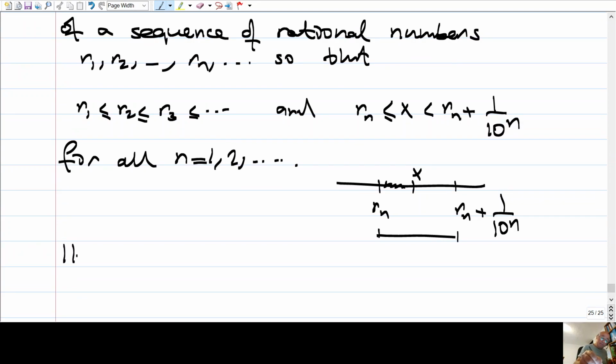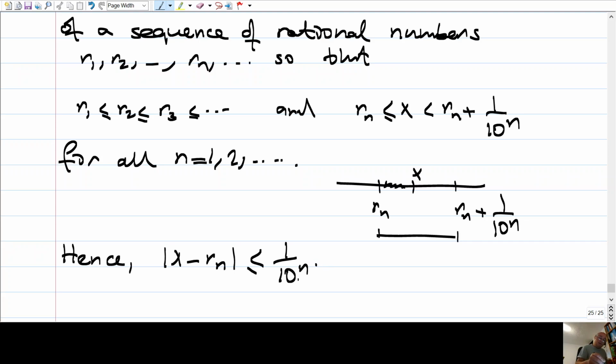So hence x minus Rn is less than 1 over 10 to the power n, right? Maybe I should choose like this.